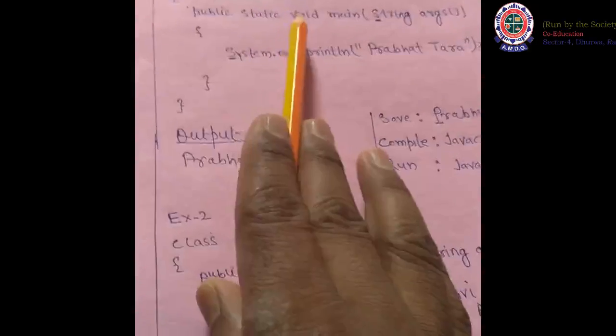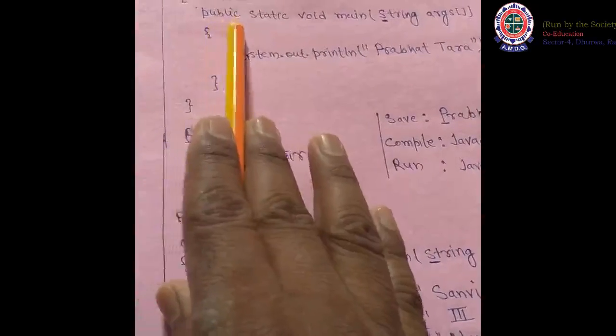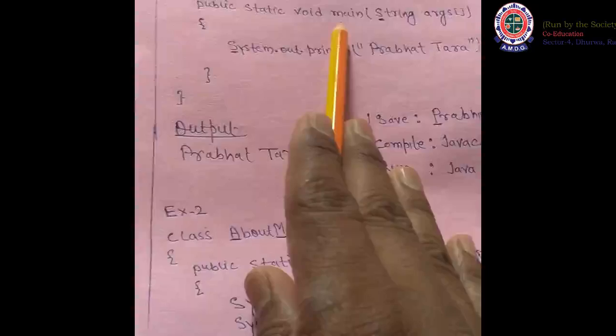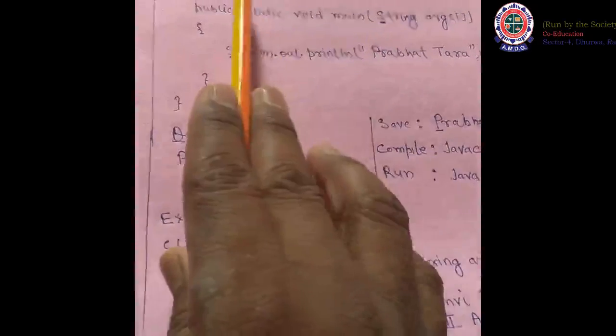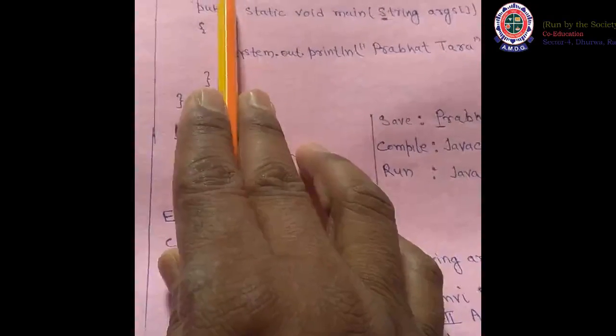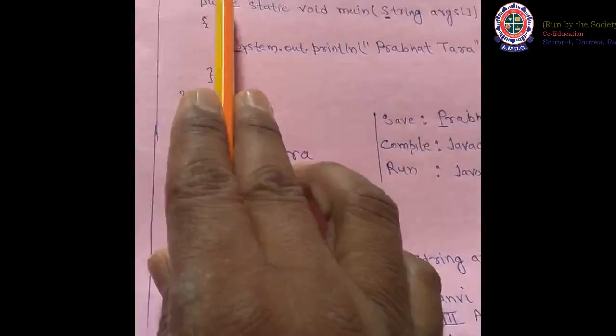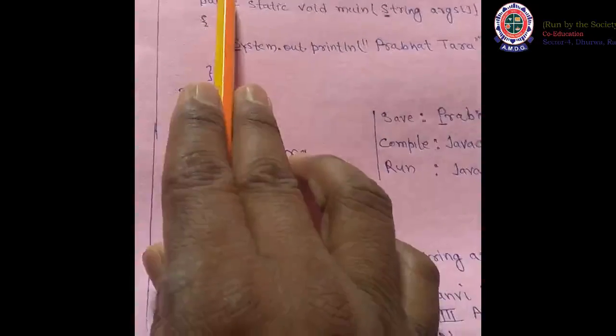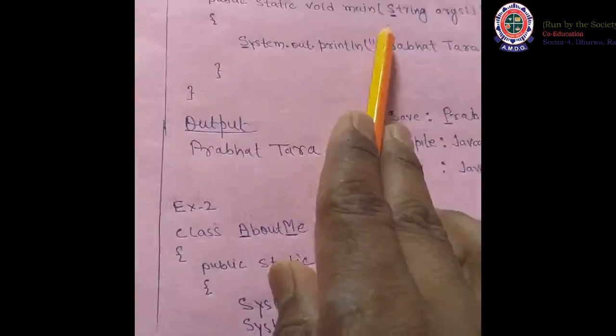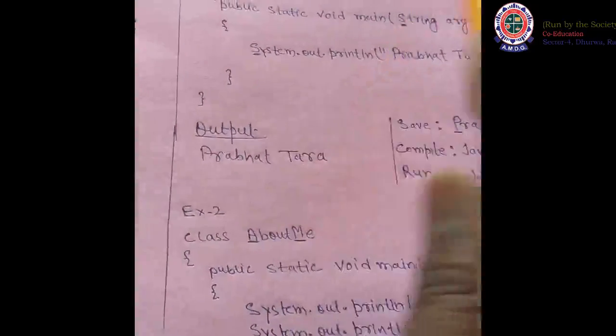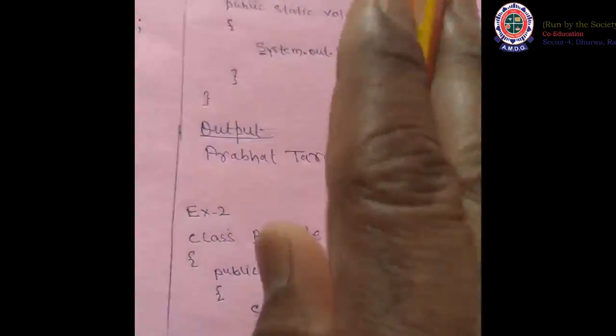In any Java program we have to write these lines. Where there is an underscore, there will be a capital letter. This P will be capital, this S will be capital, and the rest of them are in small letters.